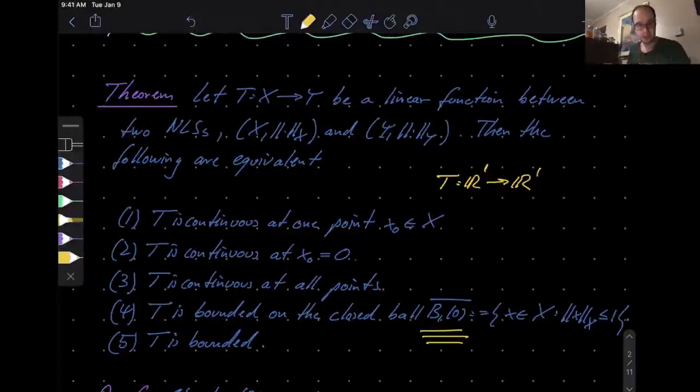So in general, continuous functions on normed linear spaces need not satisfy this property by default, right? You have it when you have the linearity and at least one of the other properties, but continuity itself won't give you number 4 here for free, okay?